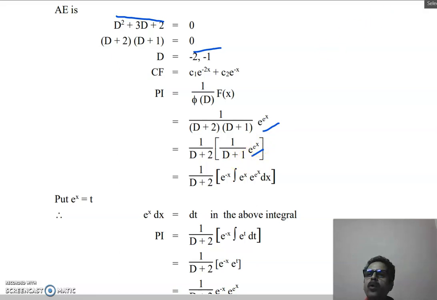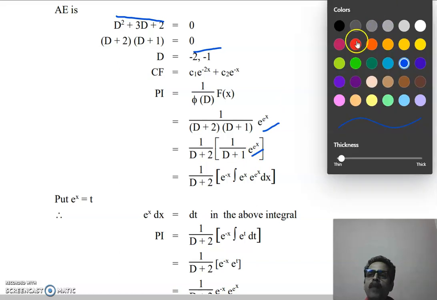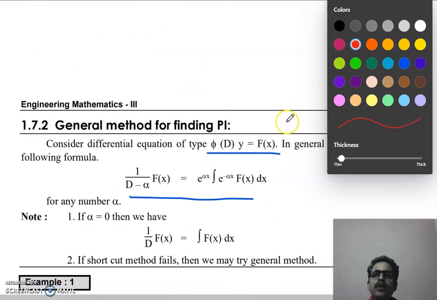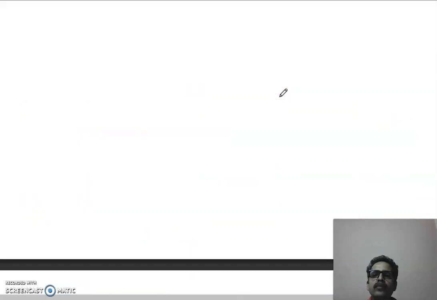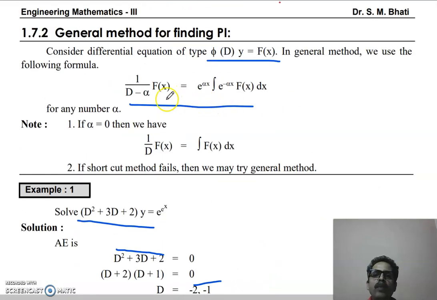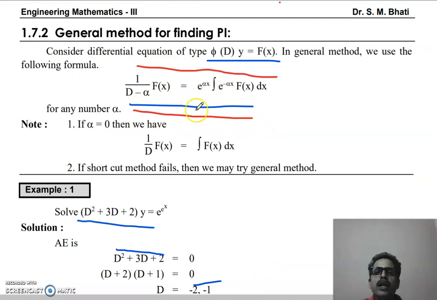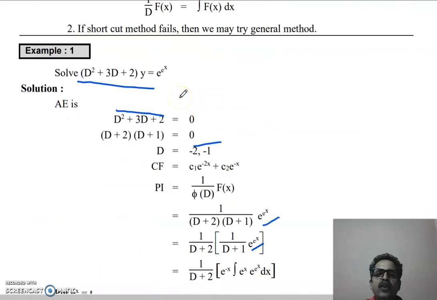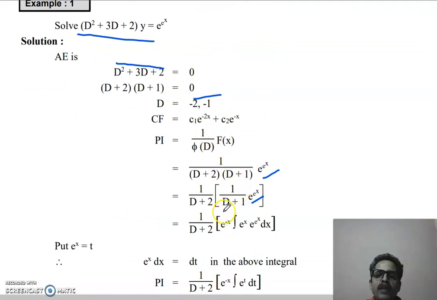Now we need to apply this formula. Compare the left hand side with the quantity present in the bracket.